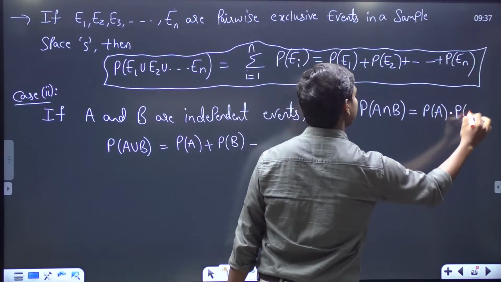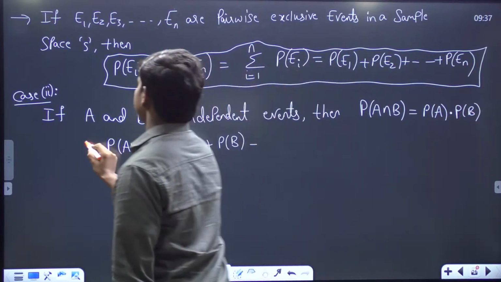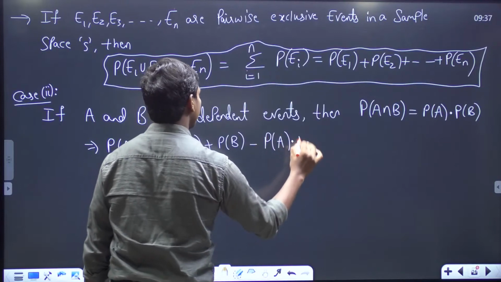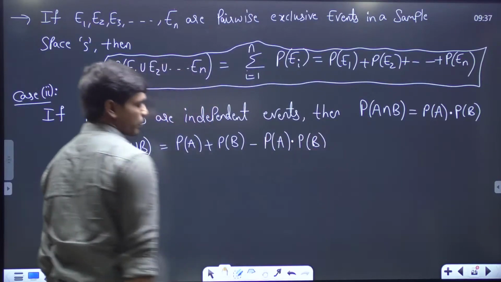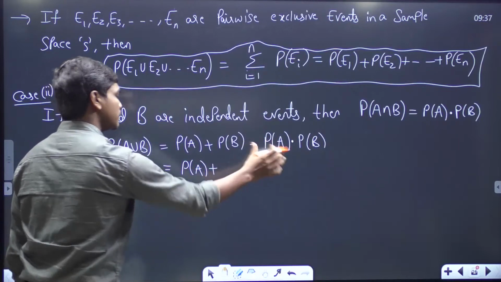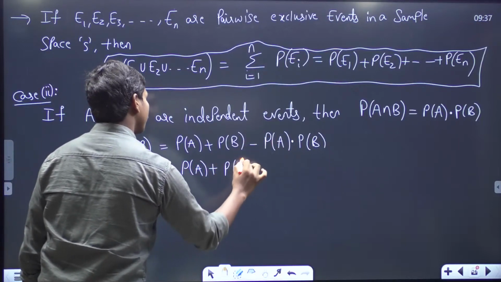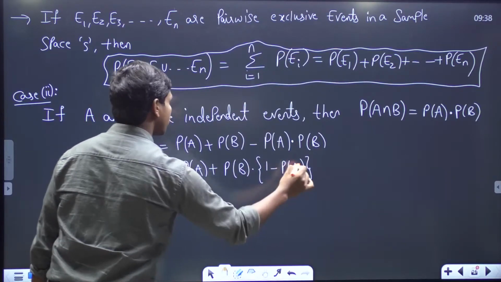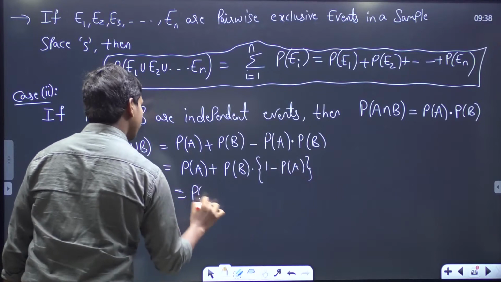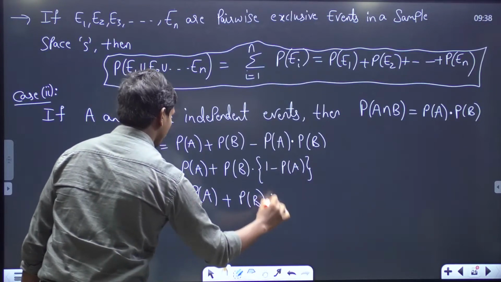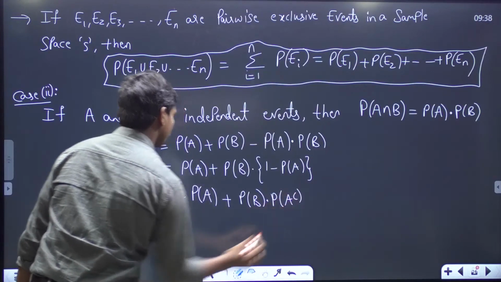Because the events are independent. So this implies we have minus P of A into P of B. Now if you take P of B common, P of B into 1 minus P of A, and this 1 minus P of A is the A complement. So P of A plus P of B into P of A complement.